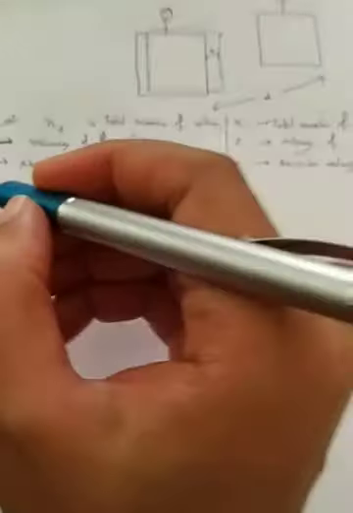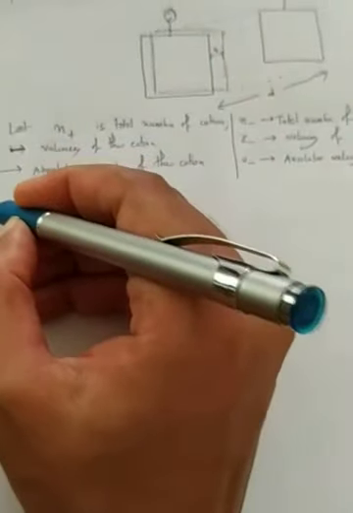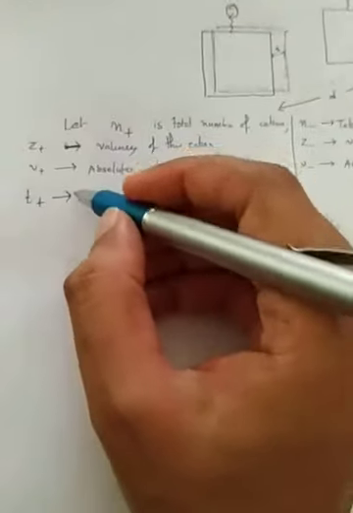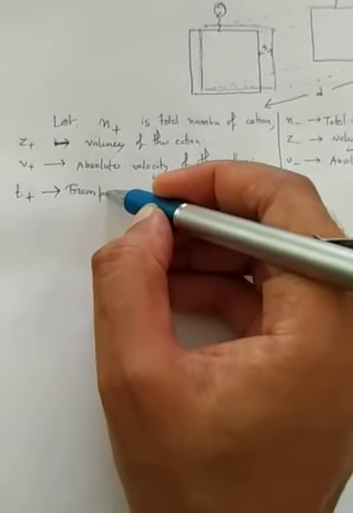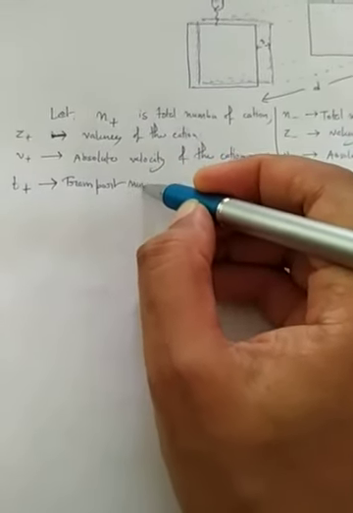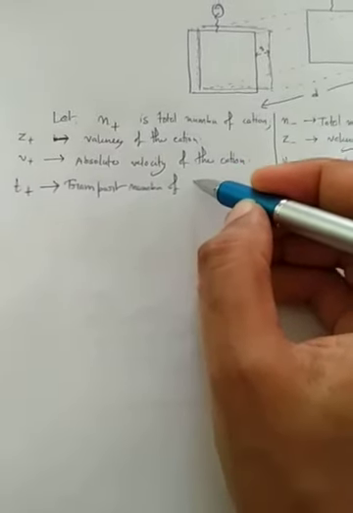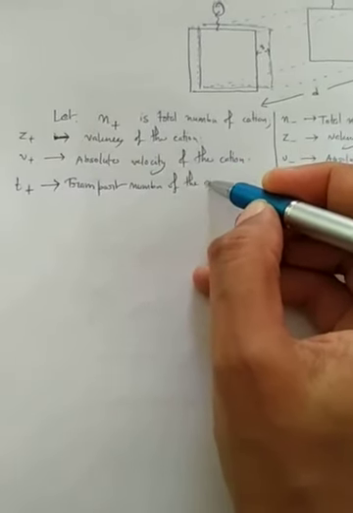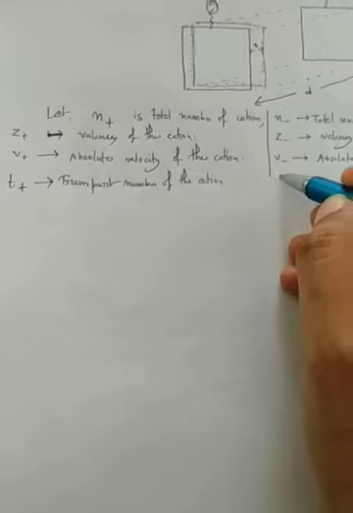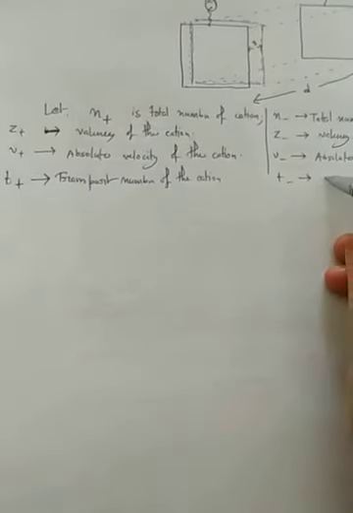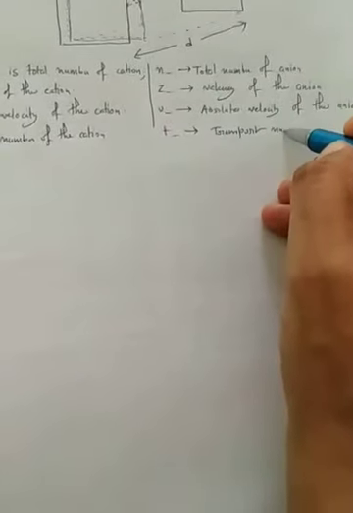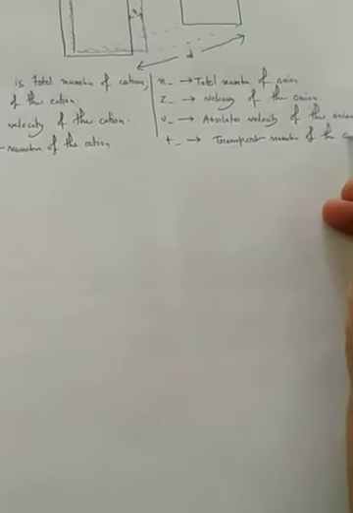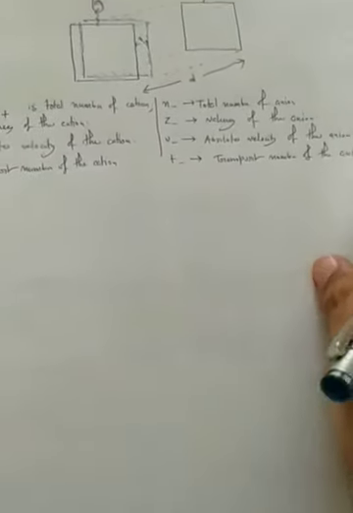Now let us consider T plus is the transport number of the cation and T minus is the transport number of the anion.